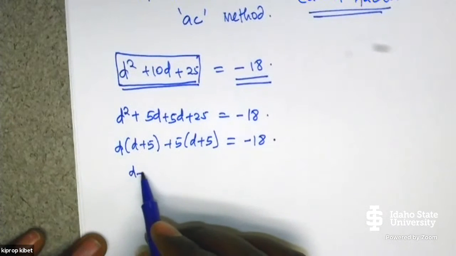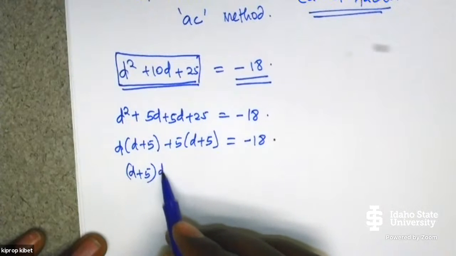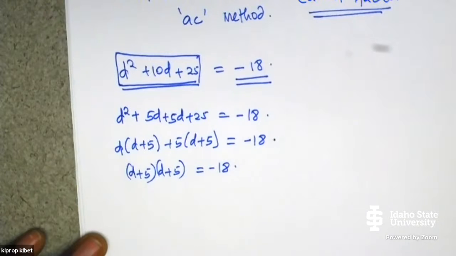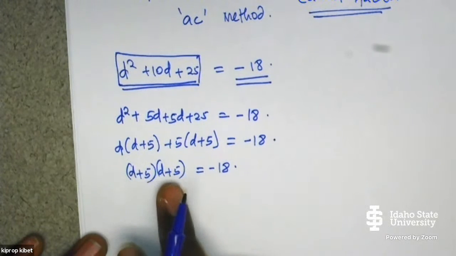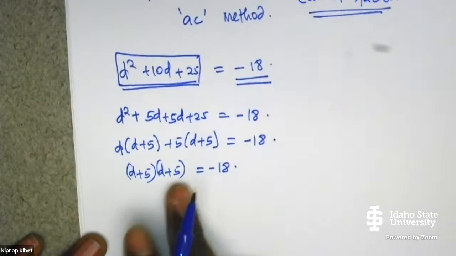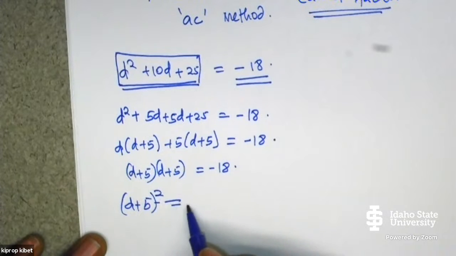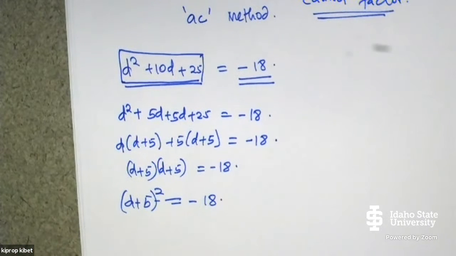We get d plus 5, d plus 5 equals to minus 18. So this d plus 5 and d plus 5 can be written as d plus 5 square equals to minus 18.